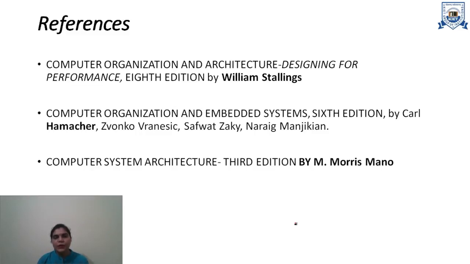For these representations, two functions were required: one is normalization, the second is biasing. Next we discussed some numerical examples of representing a number in single or double precision representation. Next, we looked at the special values representation in IEEE formats.